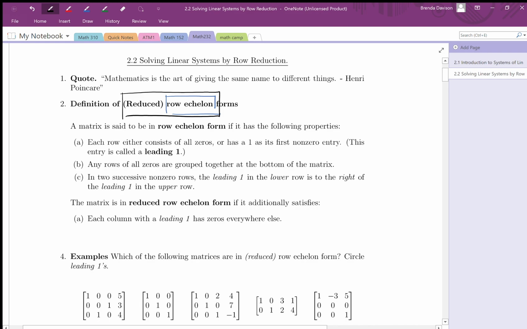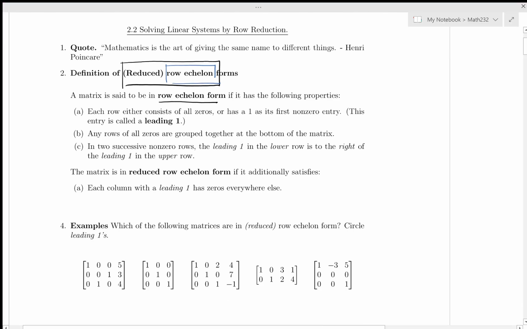In order for a matrix to be in row echelon form, these three properties have to apply. The matrix has to have all three. Each row consists either of all zeros or has a 1 as its first non-zero entry. When we do have a 1 as the first non-zero entry, that entry is called a leading one.